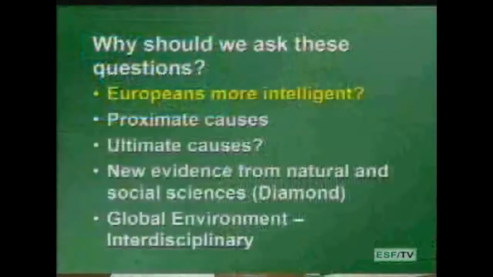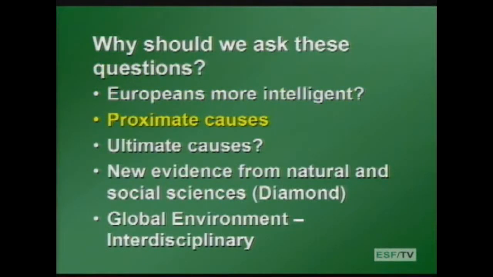He says, in fact, if people like the New Guinea folks are more intelligent, why did Europeans still expand more quickly? He wants to look at proximate causes, the guns, germs, and steel, and then get to the ultimate causes, which he will show us in the book is the environment.